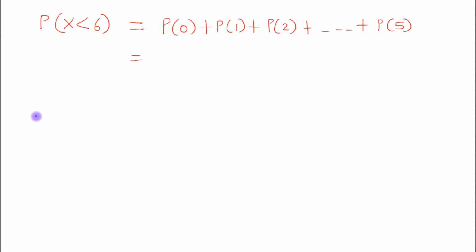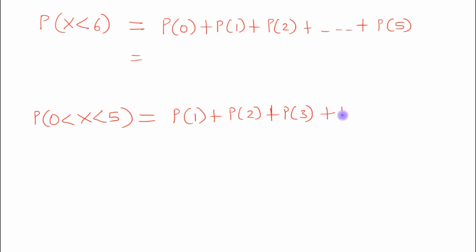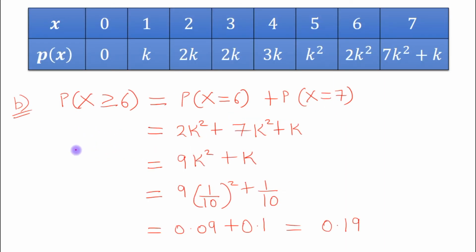And the last one is probability of 0 less than x less than 5. So it will be equal to p1 plus p2 plus p3 and the last one is p4. So you can solve these probabilities in the same way as we have solved for this one. Fine.